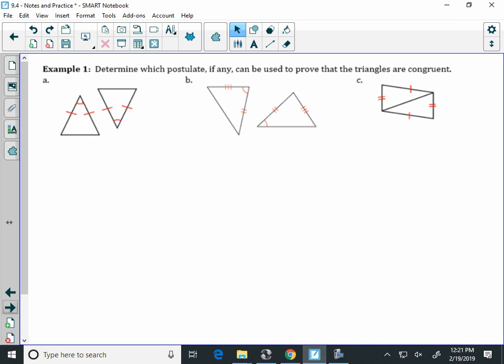So we're going to determine if these triangles are congruent using those shortcuts. If we take a look here, I have a side, and here's another side, here's another side, and the angle in between. Can we say that those triangles are congruent, and if yes, how? Which shortcut can we use based off the info we have?